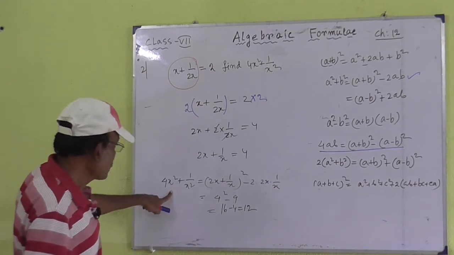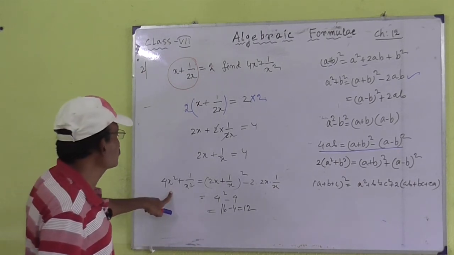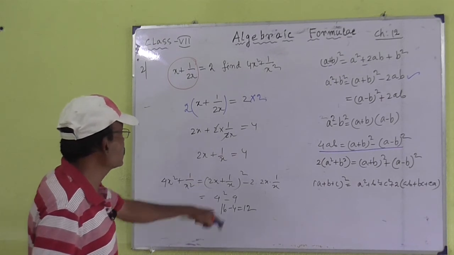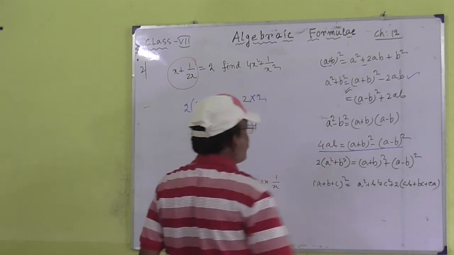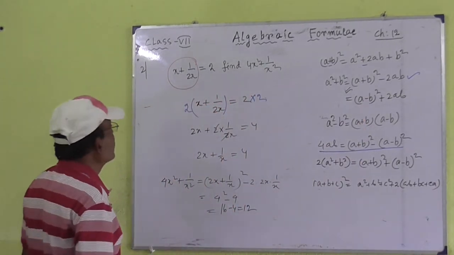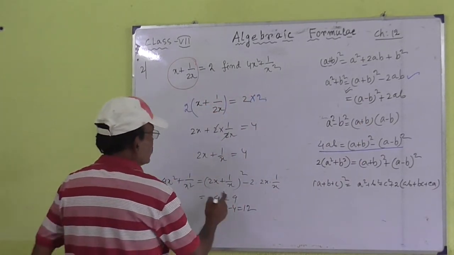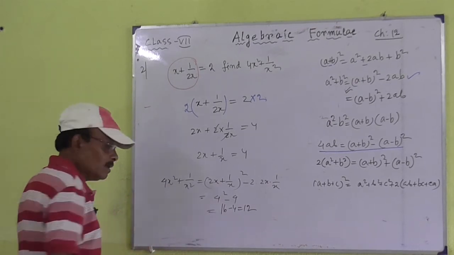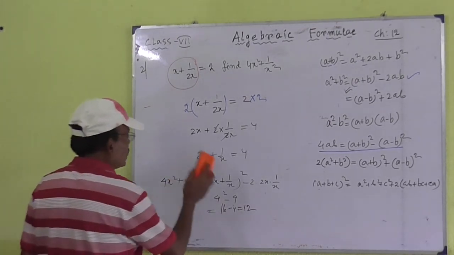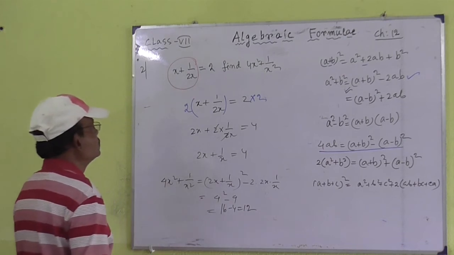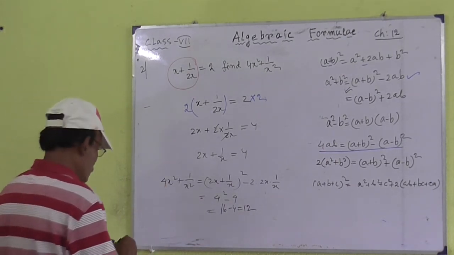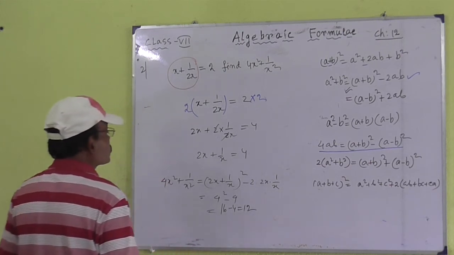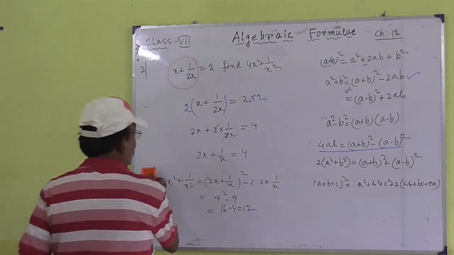So, 4x square plus 1 by x square equal to (2x plus 1 by x) whole square minus 2ab. No, it is already correct. 4 square minus 4 equal to 12.